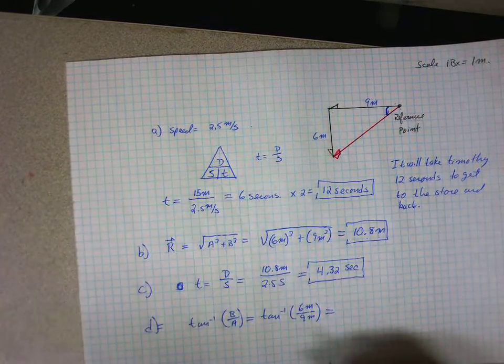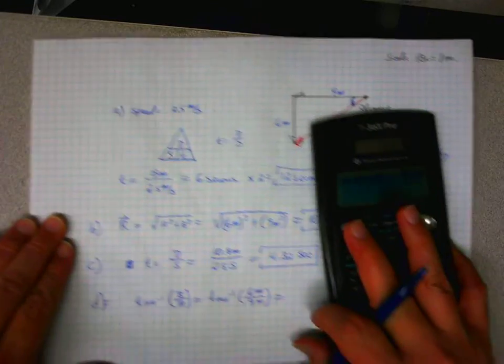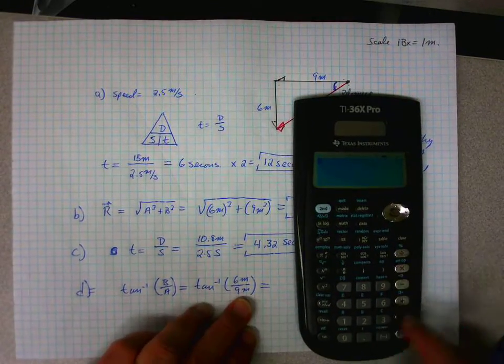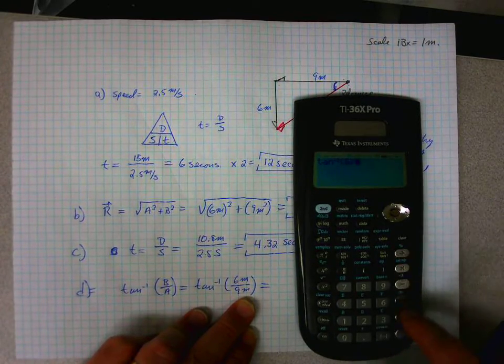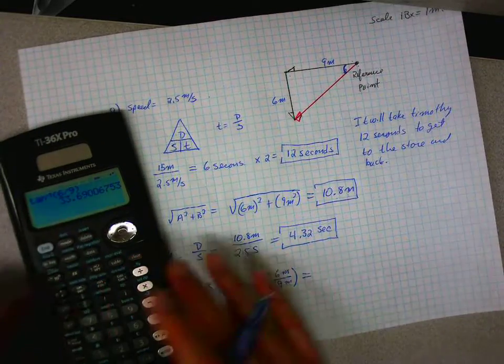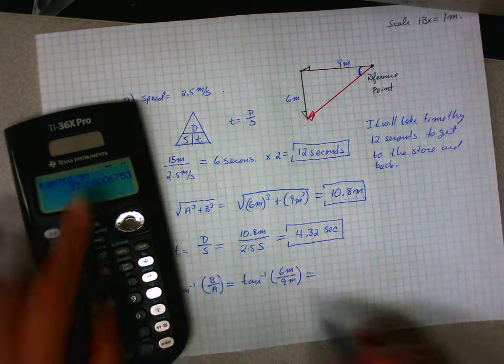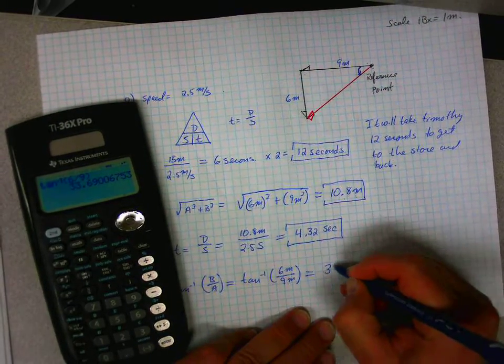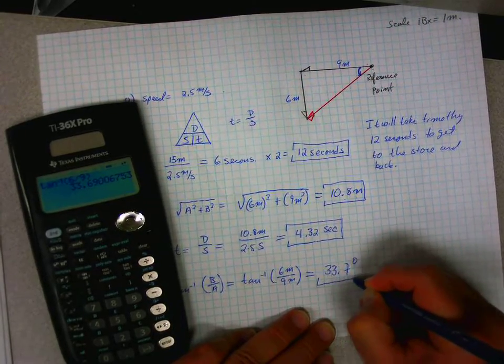So arctan of 6 divided by 9 equals 33.6, and because of that 9, we can round that off to 33.7 degrees.